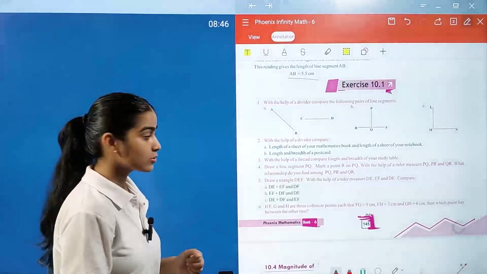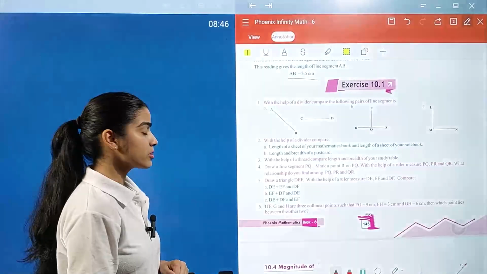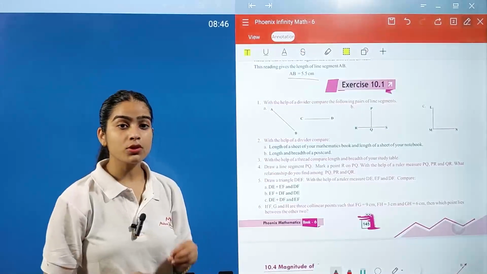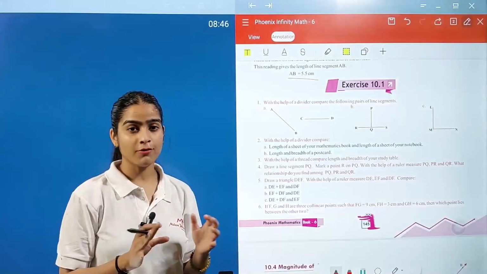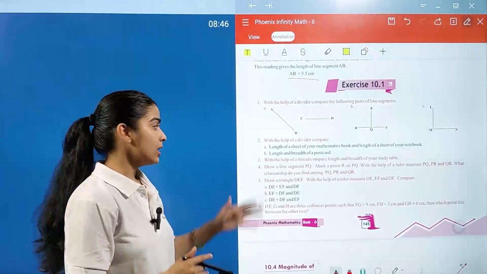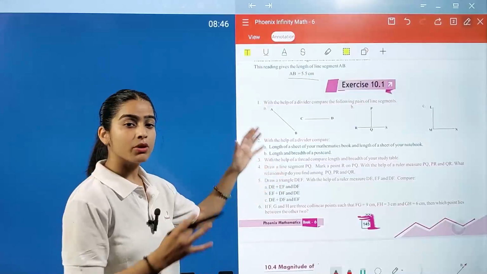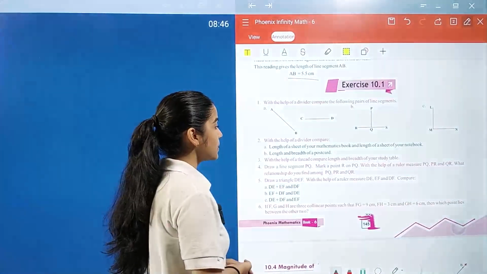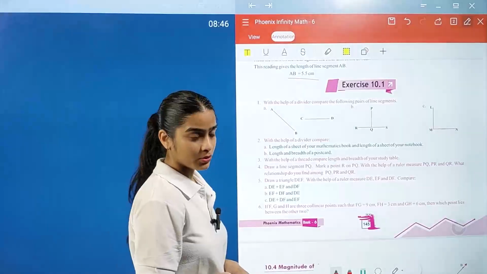So you can do that also. Length and breadth of a postcard. So students, what you have to consider in this exercise is that almost all questions are practical, so you have to do them on your own. Just make sure you have your equipment and you can follow the steps as I explained in the above section, and then you can complete it. Now with the help of a thread, compare the length and breadth of your study table. You can do that also.